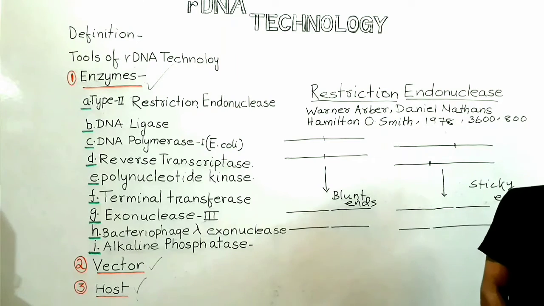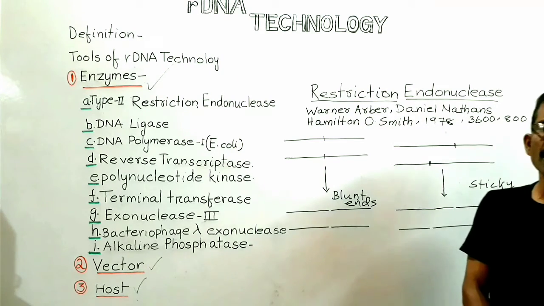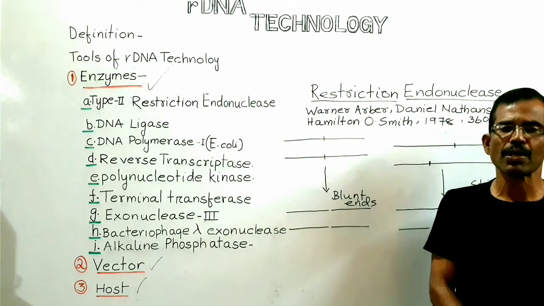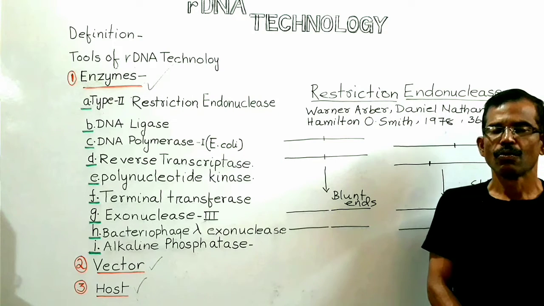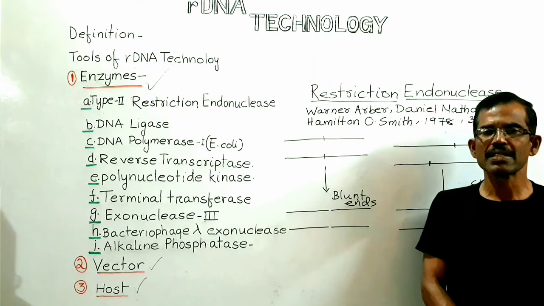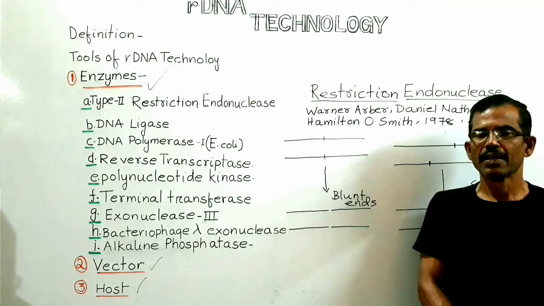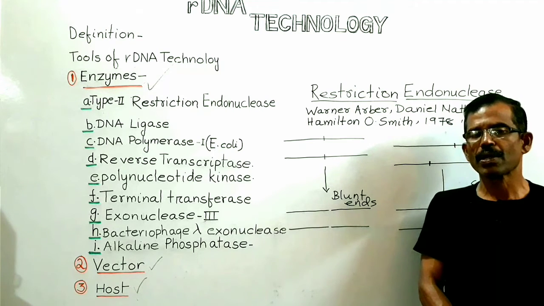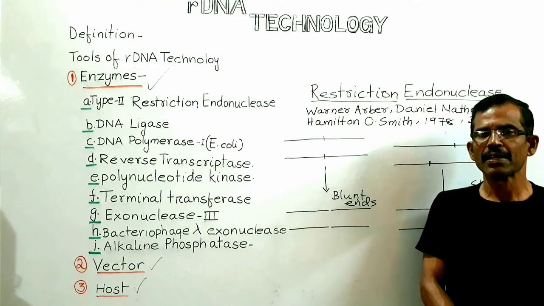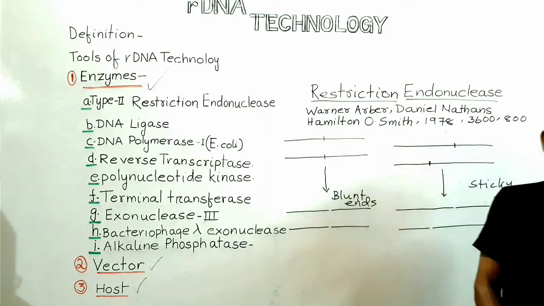To do so, the restriction endonuclease cleaves two phosphodiester bonds: one in one strand and the other in the complementary strand.